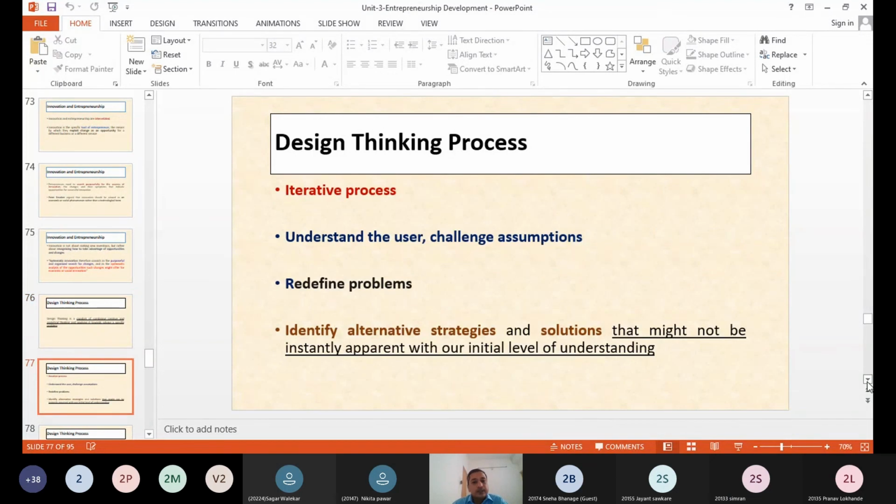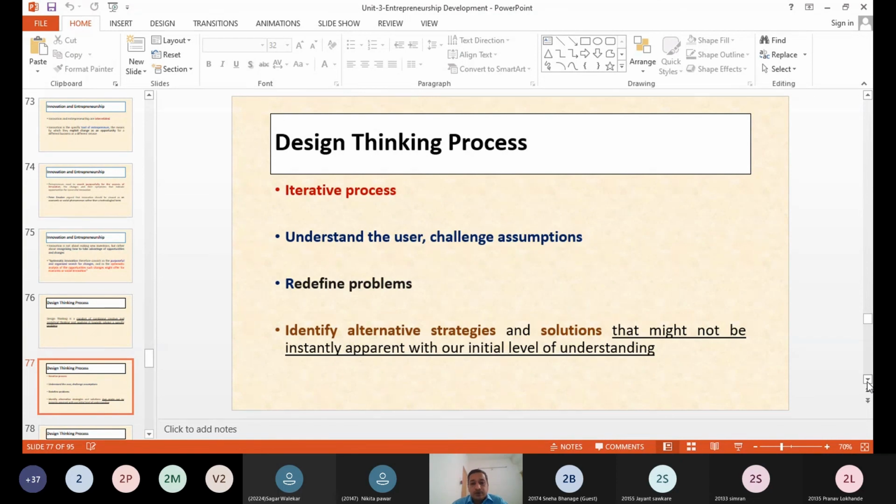Design thinking process is an iterative process. It is a series of activities wherein we understand the users or the individuals in the society, we challenge the assumptions, we keep aside all our assumptions, we redefine the problems and then identify alternative strategies and solutions based on creativity as well as analysis that might not be instantly apparent with our initial level of understanding.